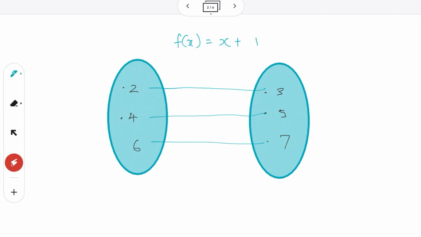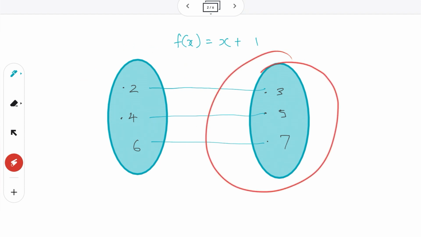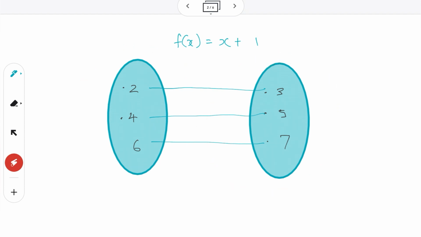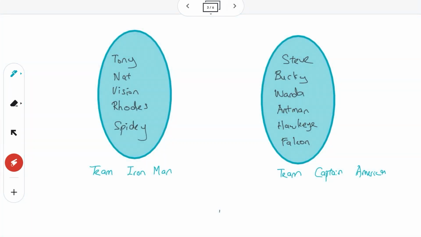This basically just means that in order to get from this data to this data, you have to take the data in the first set, which is represented by x, and add 1 to it. So for example, to get from 2 to 3, we just have to add 1 to that value. So that basically is what a function is. Very simple.